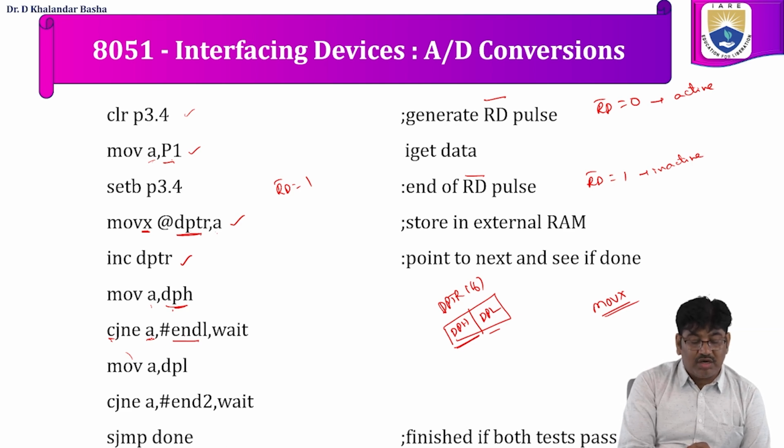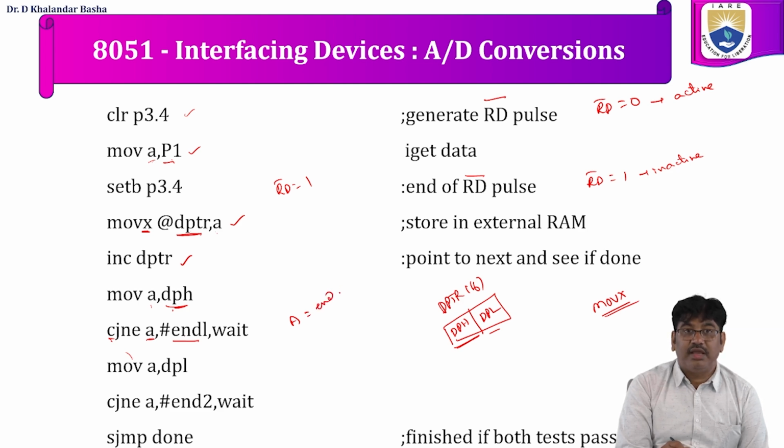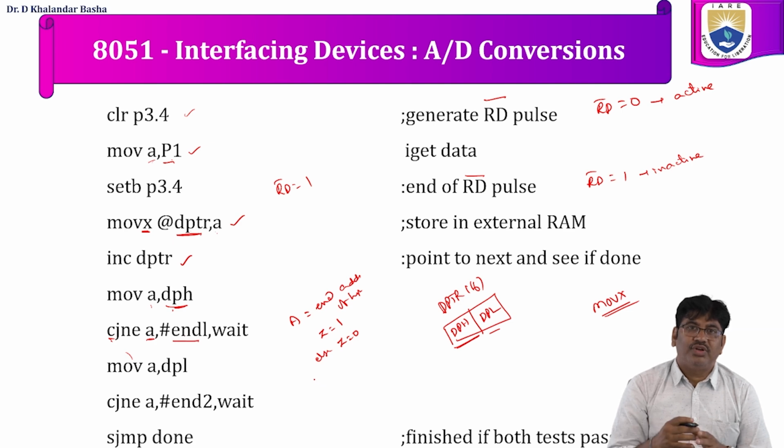When these two are the same, meaning the accumulator content is equal to the higher order address, the Z flag will be set to 1. If they are not equal, the Z flag is 0. We repeat this until the higher byte is reached. When these two are not the same, go to wait.